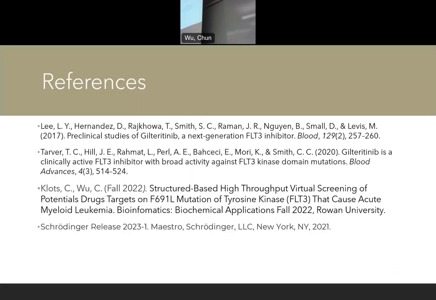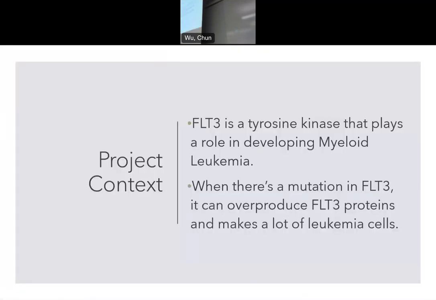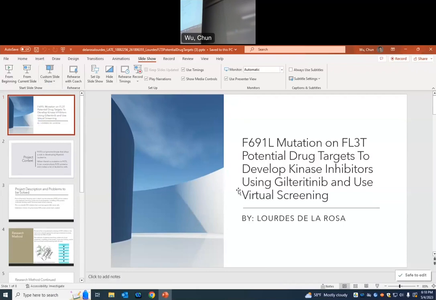Any other questions? Okay, go to your title. So for your title, what's the title? Okay, so you want to emphasize, besides using the virtual screening, that you also use the kinase inhibition assay.